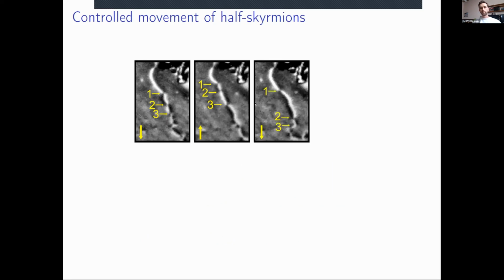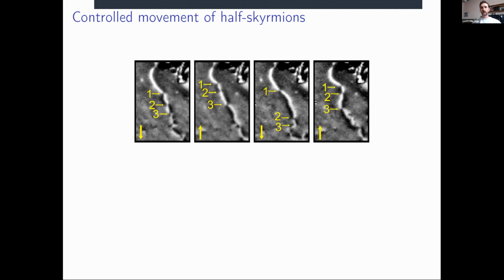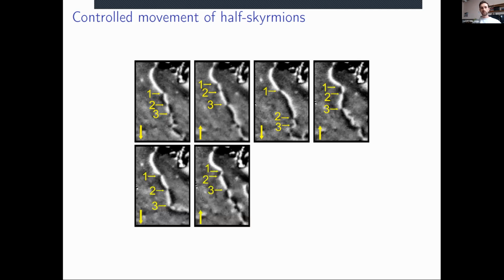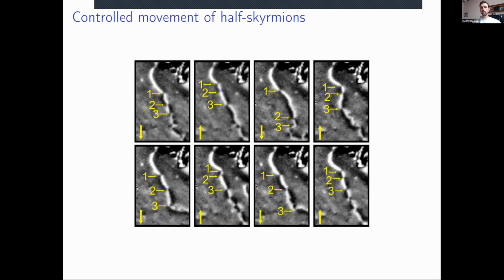And subsequently with pulses with the alternating polarity, you can see that you get a subsequent shift back down, back up, down, up, down, up. And in particular, looking at those last 4 images in the sequence, you can see that with alternating polarity pulses, the domain wall and the half-skyrmions are reaching these 2 stable states where they almost look identical.